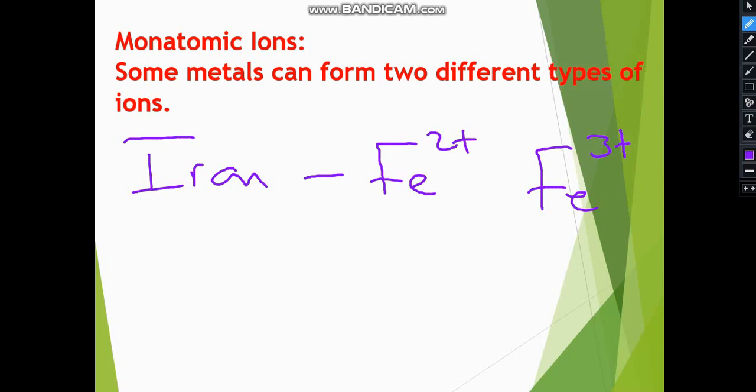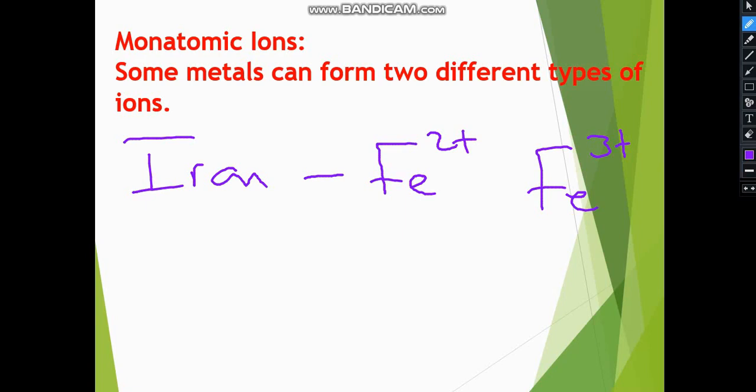So how do you name compounds involving these metals? In this video, we'll look at the stock system of naming these compounds. We have the stock system and the classical system. I'm not going to talk about the classical system, because in the classical system, you look at how we name these compounds, usually using Latin.